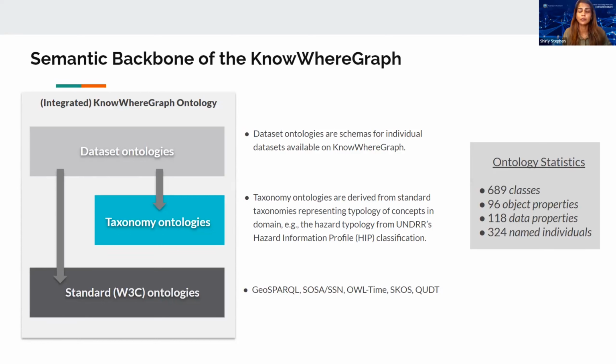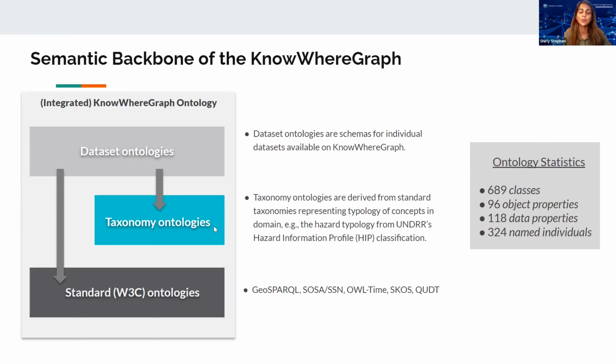Now I will talk about the KnowWhereGraph ontology, which forms the semantic backbone of our KnowWhereGraph. The overall design of the ontology follows a 3-tiered framework. Going upward from the lowermost level are the dataset ontologies, which contain the classes, properties, and named individuals corresponding to each individual dataset. At the next level, we have the taxonomy ontologies. These are derived from taxonomy hierarchies that provide a general and standardized typology of concepts in a domain.